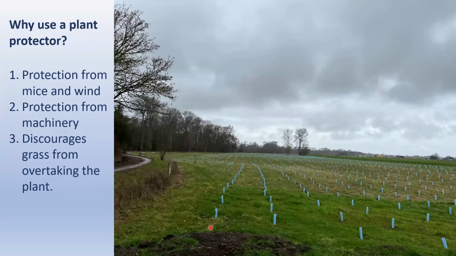The protector protects it from the machinery so that you can see where the plant is at and you don't accidentally weed whack it down. And another thing about the plant protectors is that it discourages the grass from taking over and smothering the plant. It just keeps the grass away a little bit.